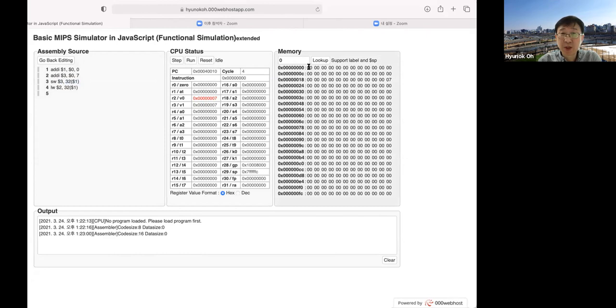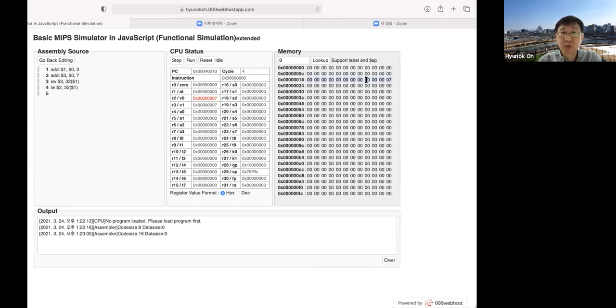So let's look at the memory. This is memory location 0, 1, 2, 3, 4, 5, 6, 7, 8, 9, 10, 11, right? There are 12 addresses, so there's 24, and the starting point is here. This is actually 32. So this is the 32 location: 32, 33, 34, 35.